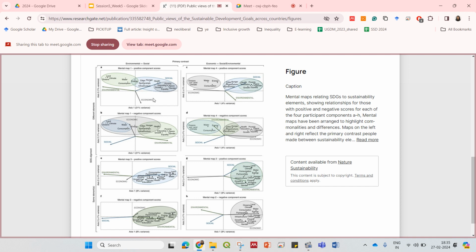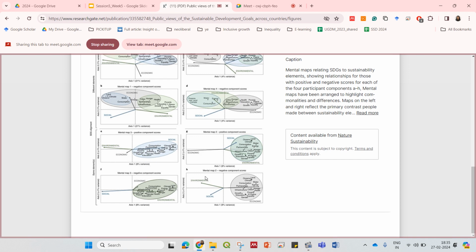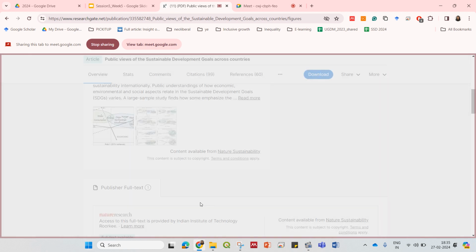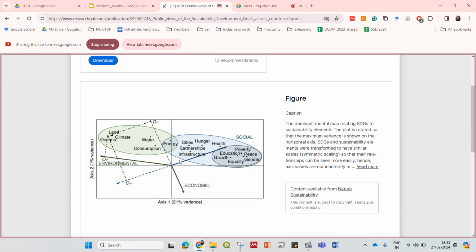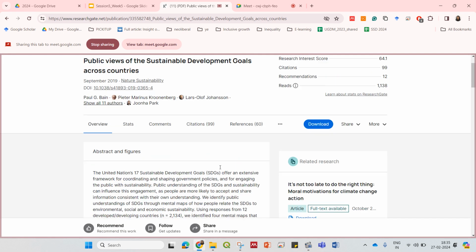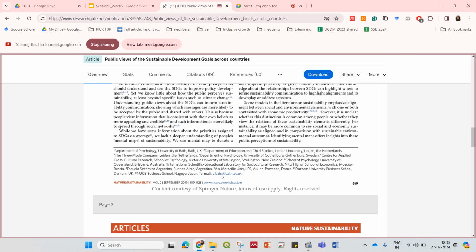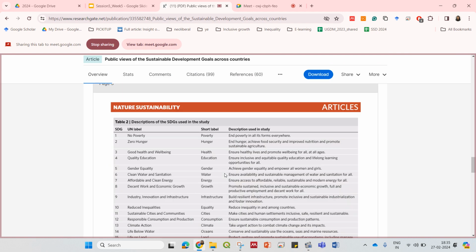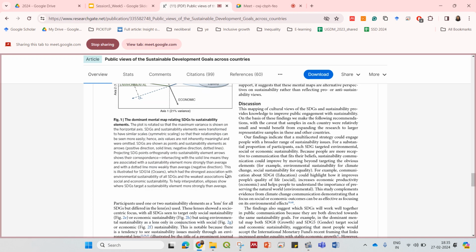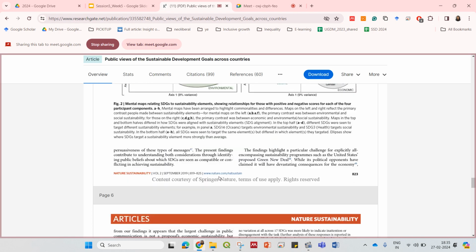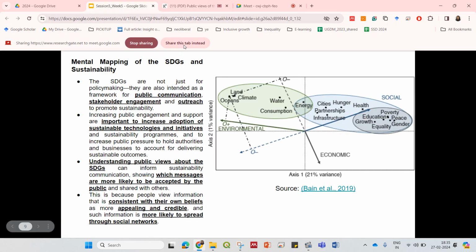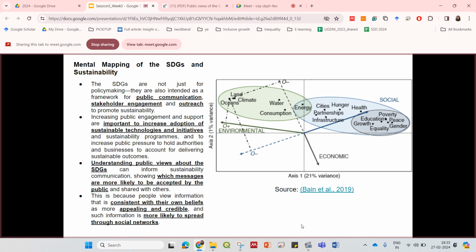You can see they had several results, and based on that, they came up with this final mental map of SDGs for the particular countries that they studied. If you want to take a better look at how this mental mapping can be done, I suggest that you refer to this article. I have linked this article here.